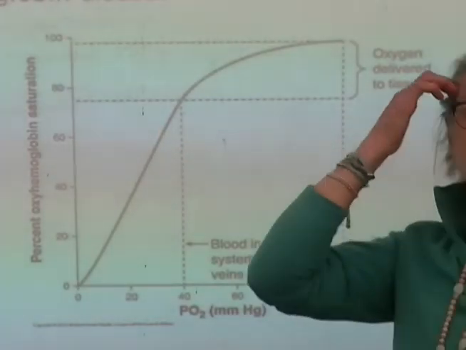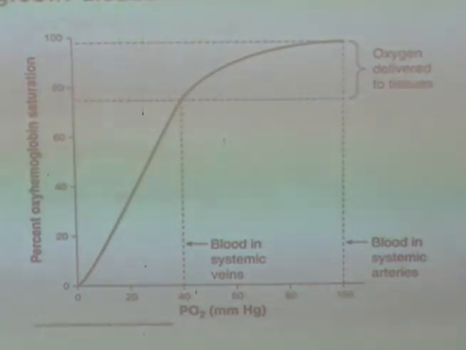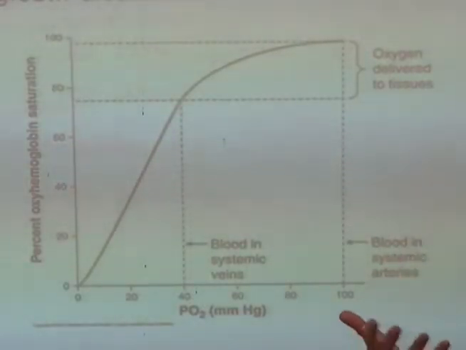So if I increase the temperature, I have the ability to increase the delivery. I can kick more oxygen off the bus. If I increase the acidity level, which we do when we're exercising because we're releasing hydrogen ions, I increase the ability to get oxygen off the bus.